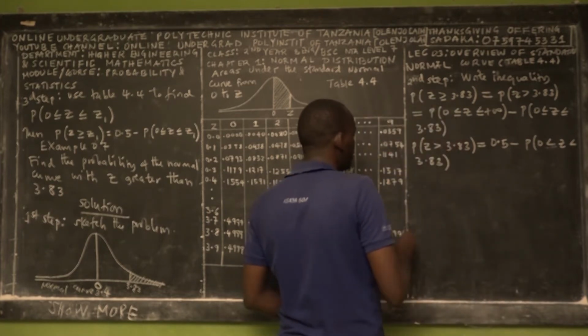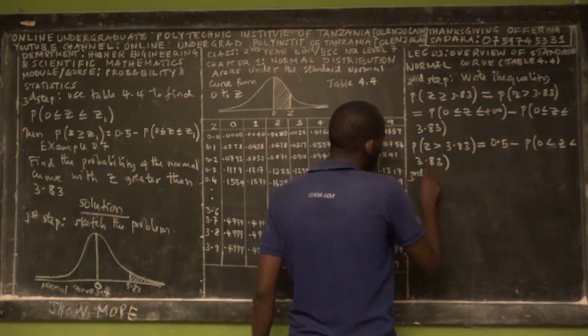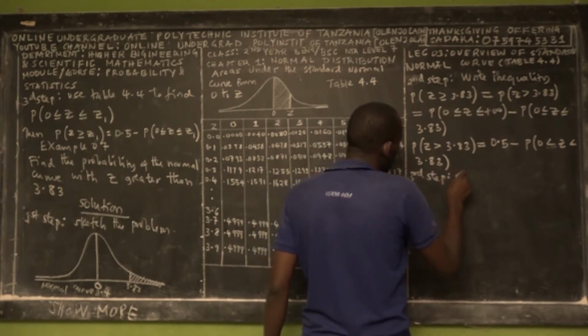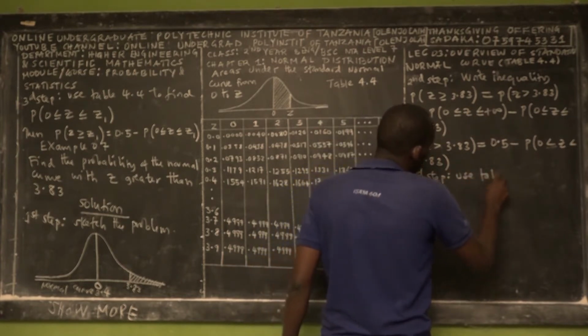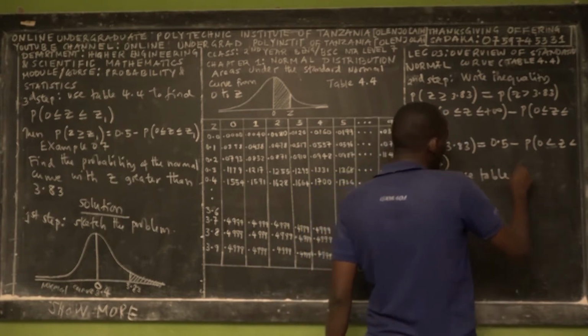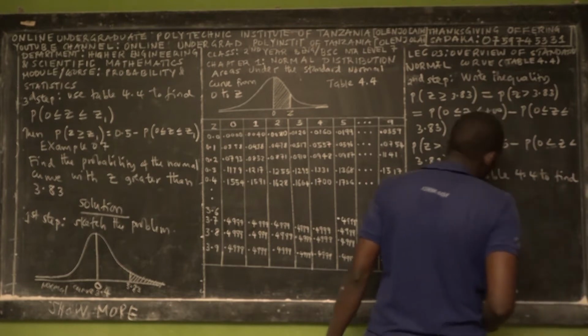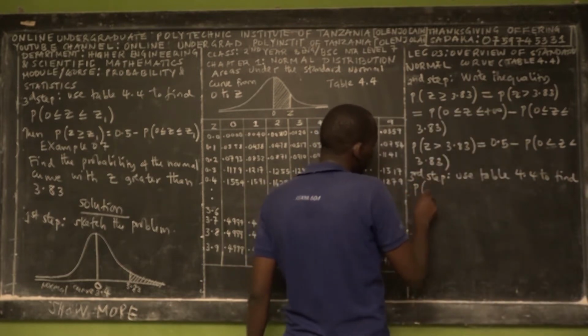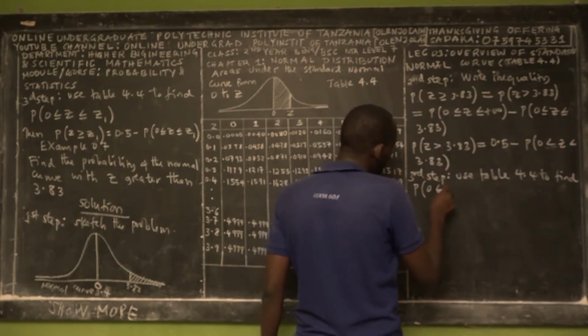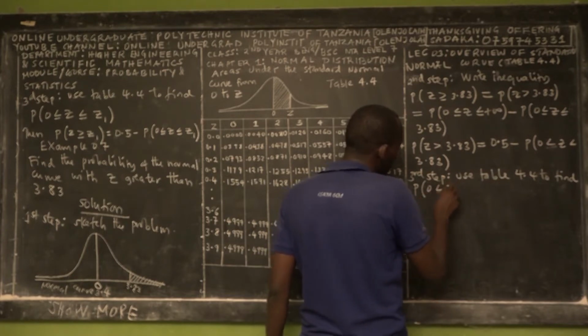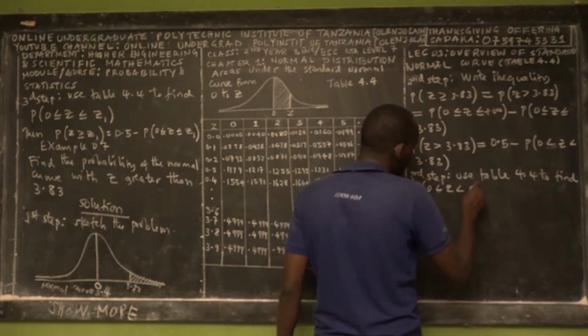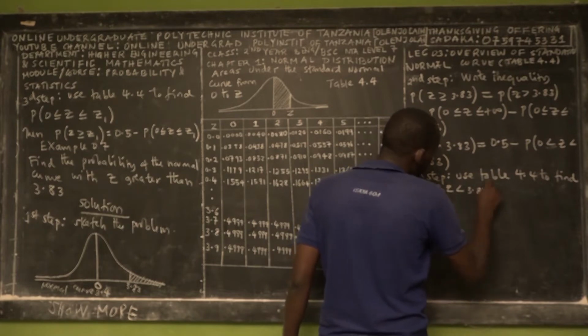So here the third step. Third step, use table 4.4. Find probability of 0 less than z less than 3.83.